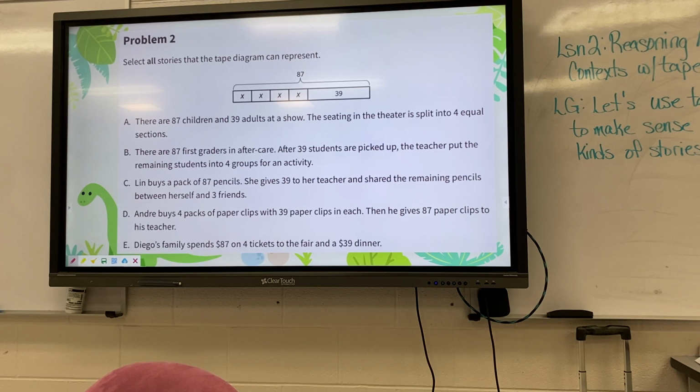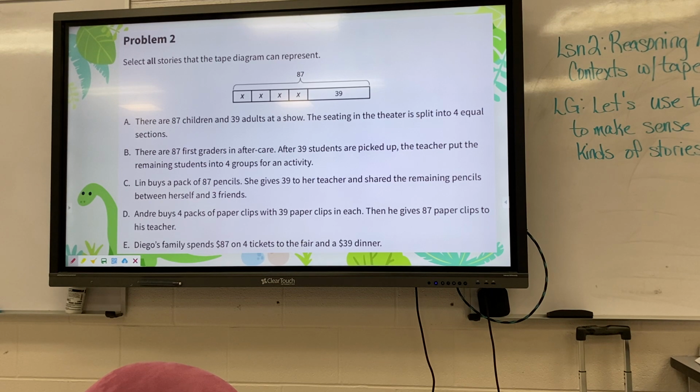I need somebody to tell me why they disagree with her. Since nobody agreed, why do you disagree with her? What in the tape diagram doesn't work according to the story?